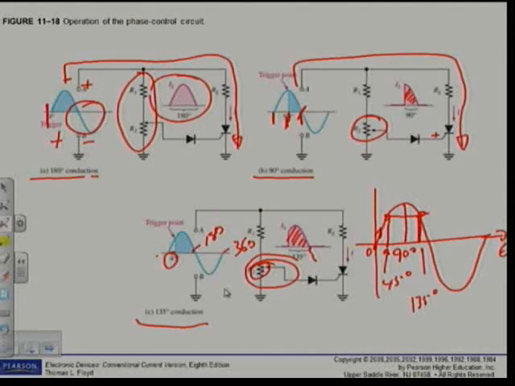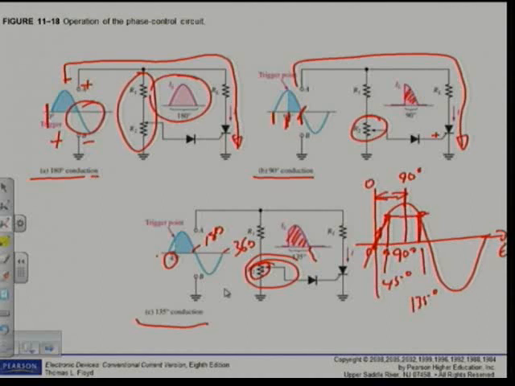That's why if I want to select that point, it's going to be exactly the same voltage. That's why it will always switch when it increases. That means we can only basically control from 0 to 90 degrees. You won't be able to control after 90 degrees with this type of circuit. You will get other circuits that will be capable of doing it, but with this very simple circuit, we can only control from there to there.